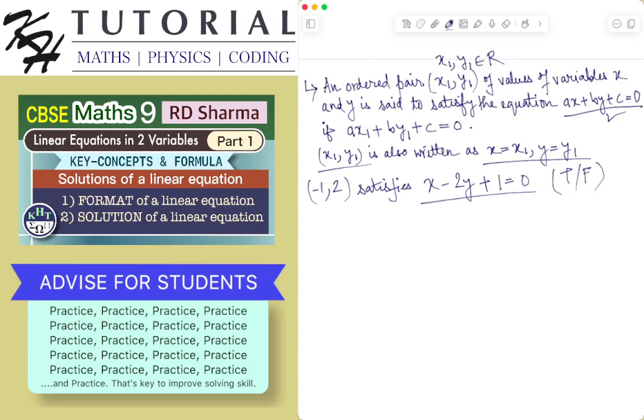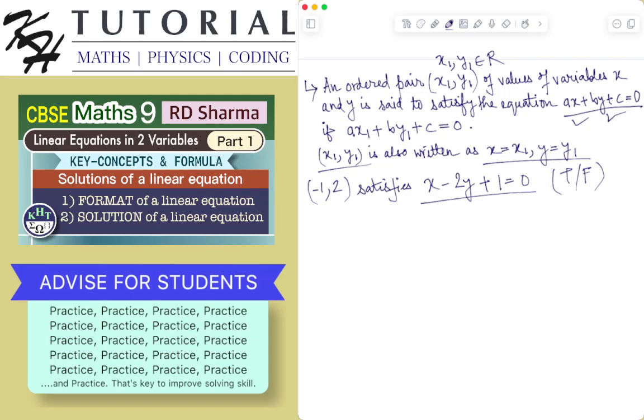Once we have transformed the given linear equation into the format ax plus by plus c equals 0, this works. Initially, the linear equation could be given in any other format, so first we have to convert. It is recommended that you convert any linear equation in two variables into the standard format ax plus by plus c equals 0.